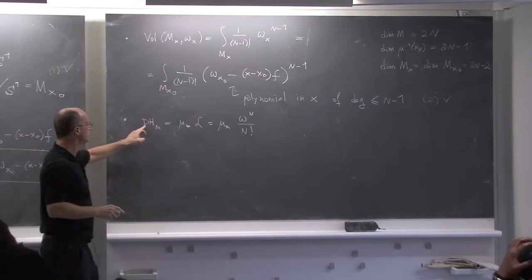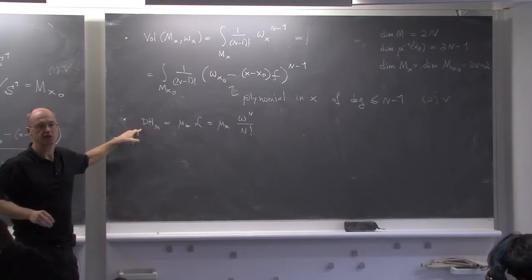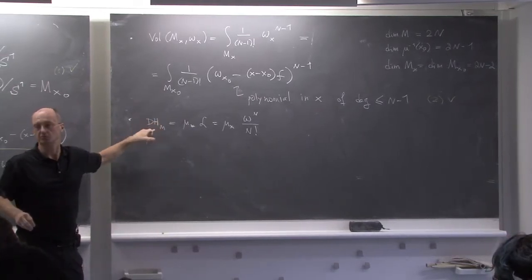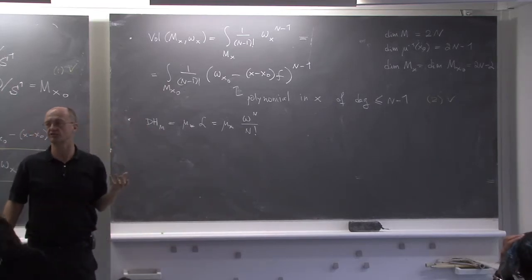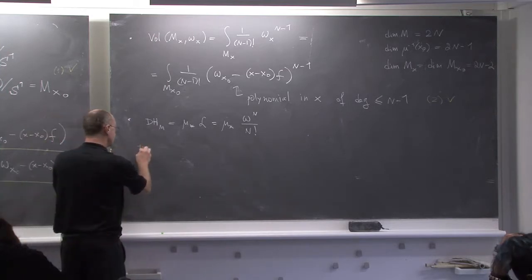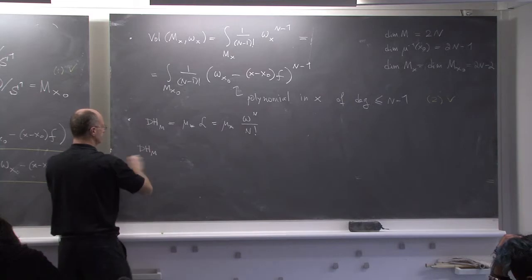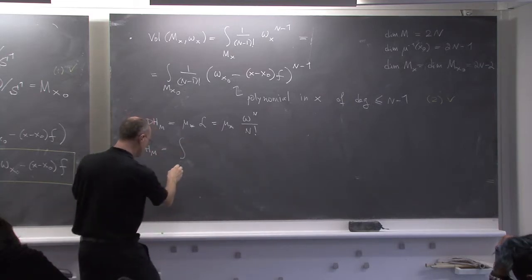Now I would like to interpret this Duistermaat-Heckman measure again as a volume form. We are alternating a little bit, because we think of something as a measure and as a volume form.